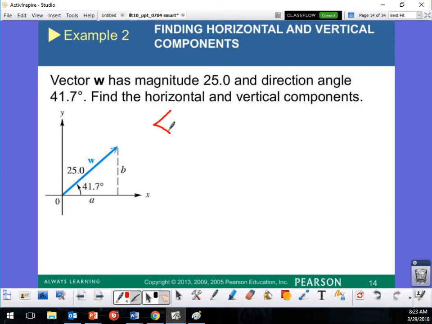So my vector is going to look like this. I start with my magnitude, so it's going to be 25 times... Now this one right here, my horizontal component, is that going to be sine or cosine? Cosine. So it's going to be cosine of what? What's my angle? 41.7 degrees.